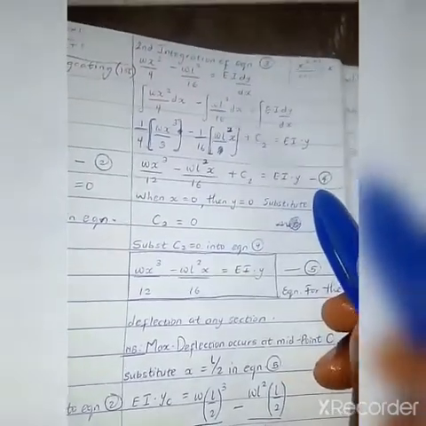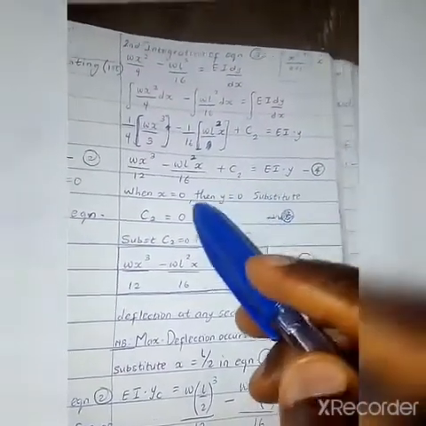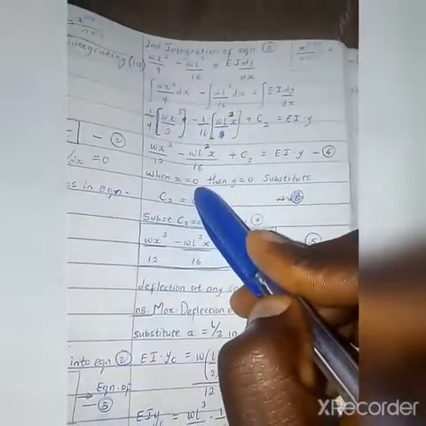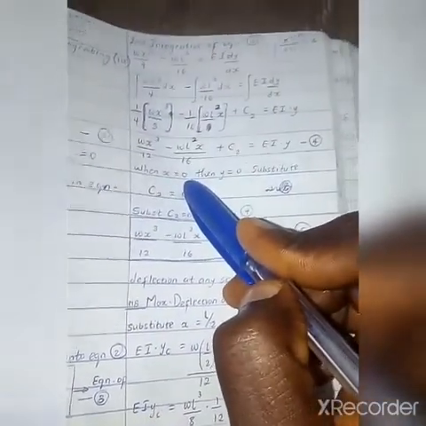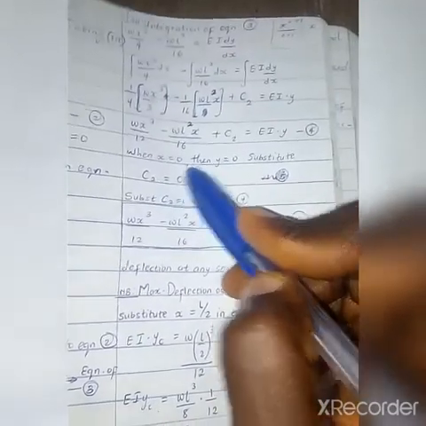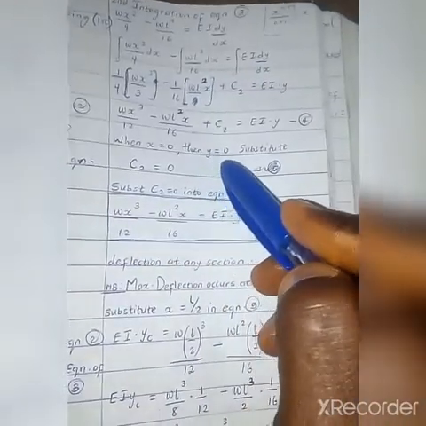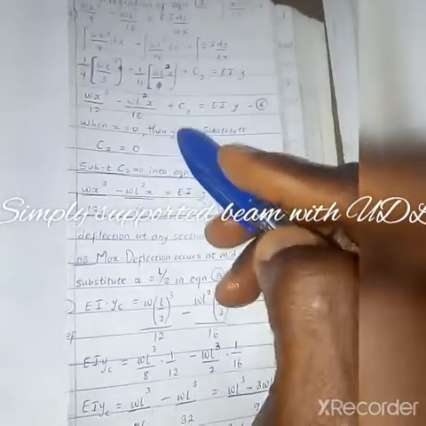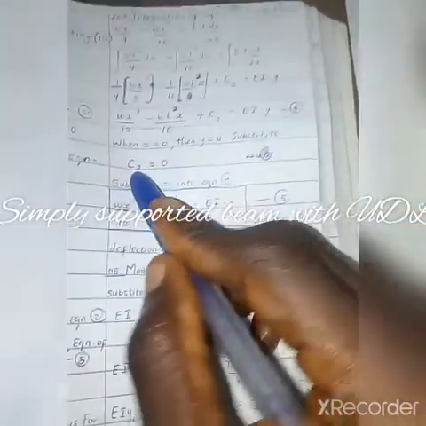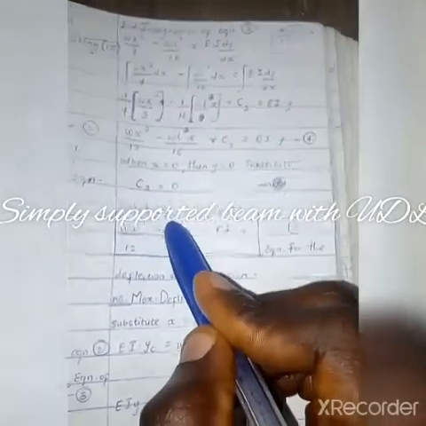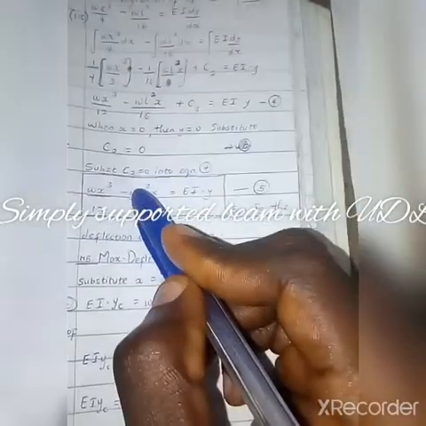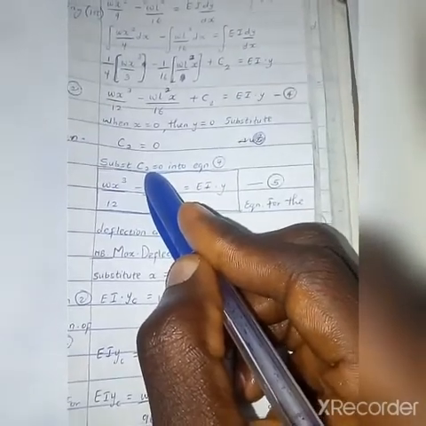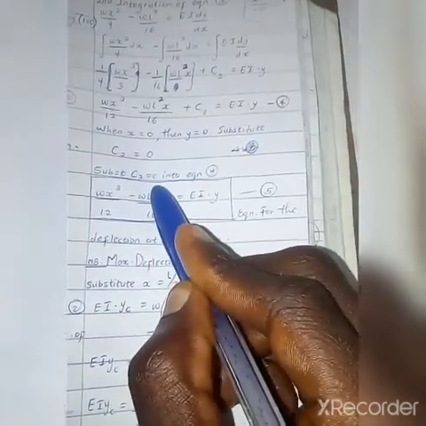After getting our equation, we say when x equals 0, then y equals 0. That gives the value of the second constant of integration for the boundary condition.